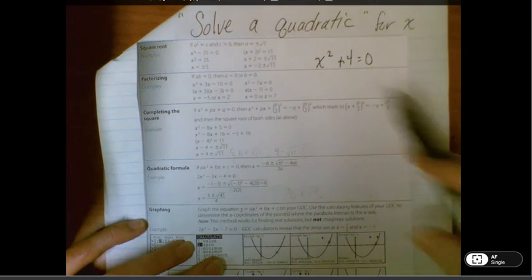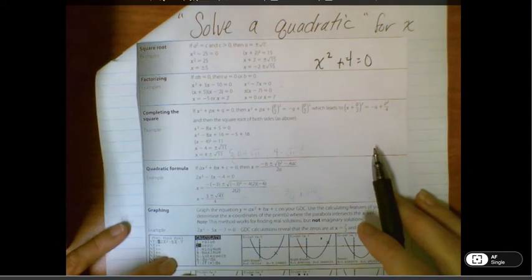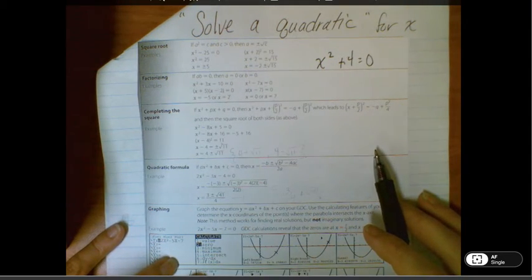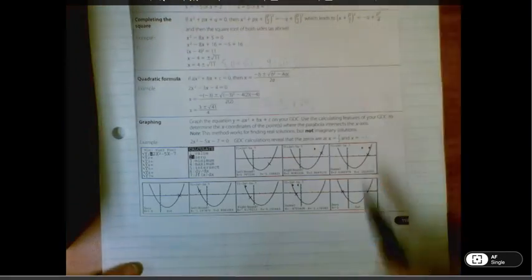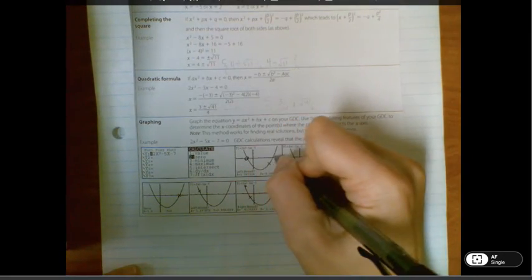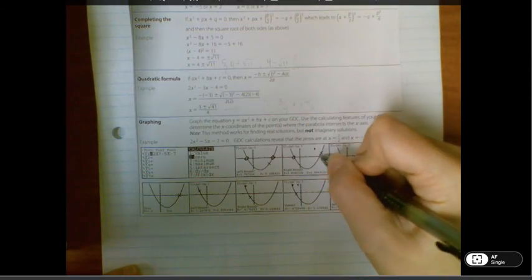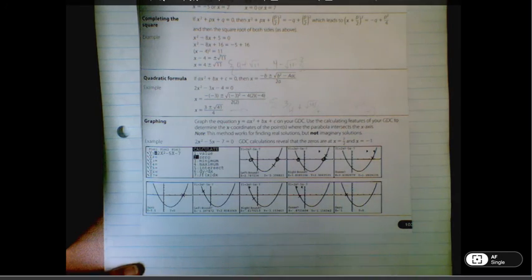And then here's factorizing, completing the square, which works but is not super friendly for solving quadratics. Quadratic formula, and then visually we can always see the solutions of a quadratic by looking for your roots, zeros, x-intercepts. It doesn't matter what you call it, they're all the same thing. So just a little tip for future solving of quadratics.